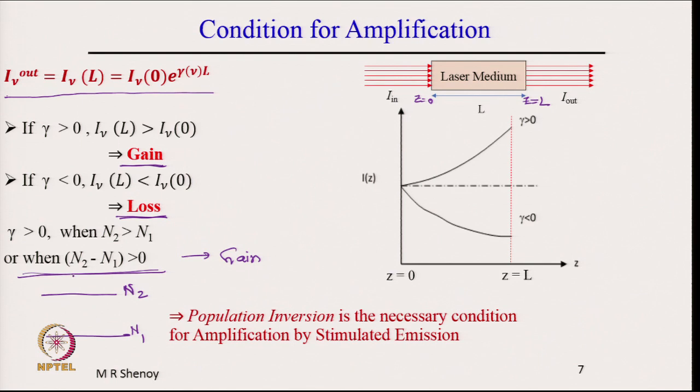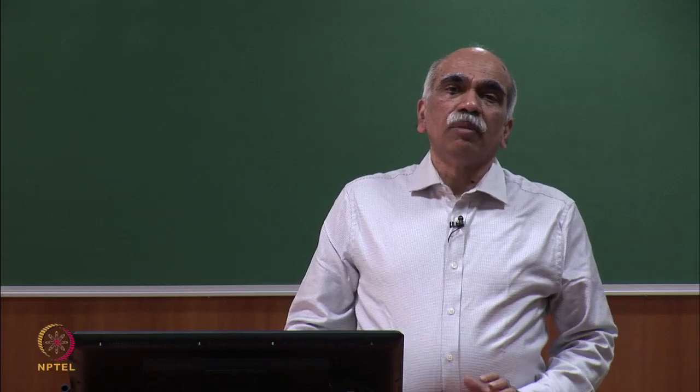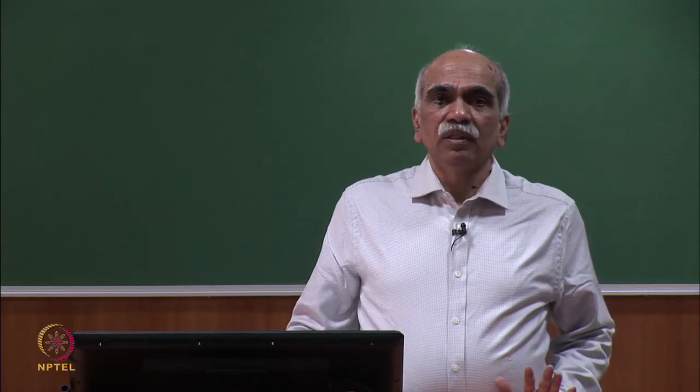If N2 can be made greater than N1 by some mechanism, then we call that situation population inversion. And population inversion therefore is the necessary condition for amplification by stimulated emission.